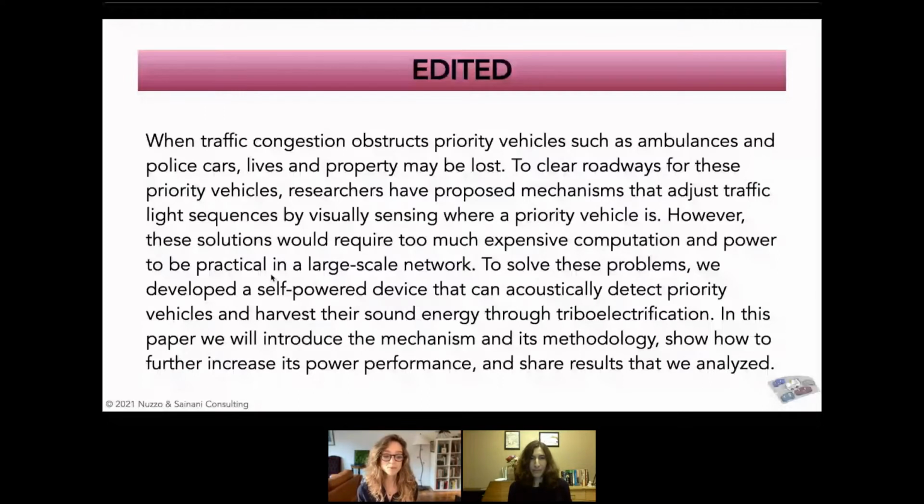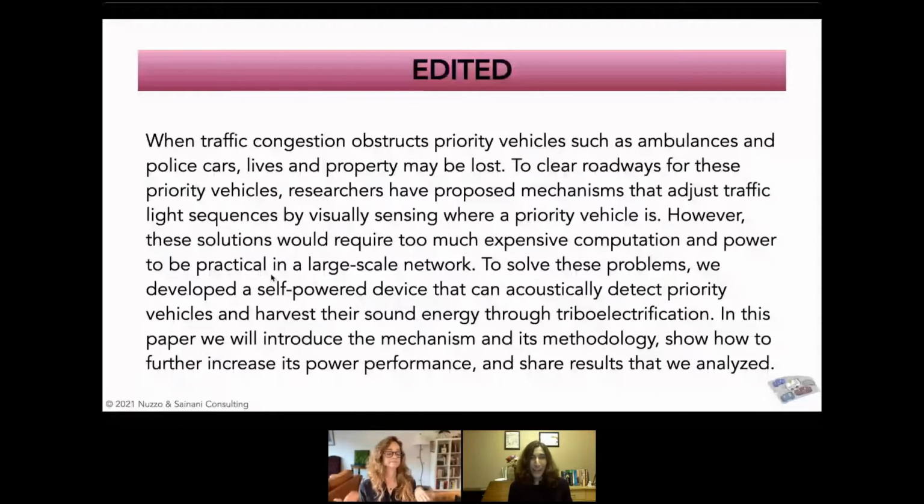To solve these problems, we developed a self-powered device that can acoustically detect priority vehicles and harvest their sound energy through triboelectrification. In this paper, we will introduce the mechanism and its methodology, show how to further increase its power performance, and share results that we analyzed.